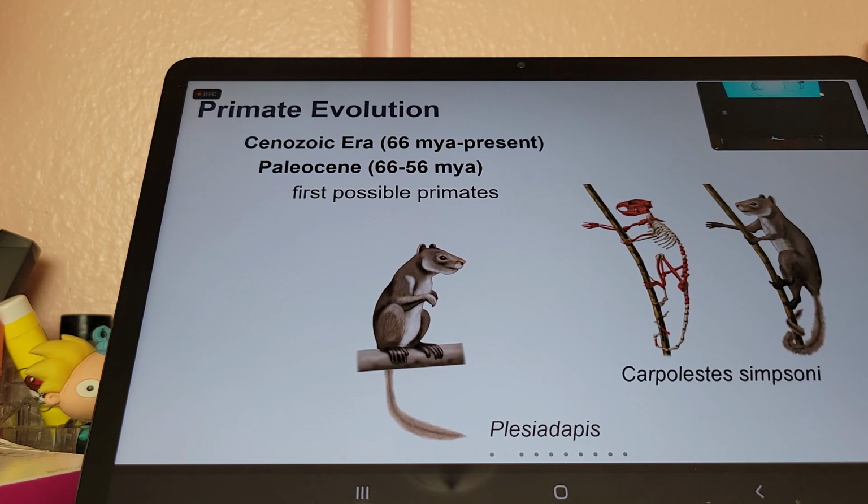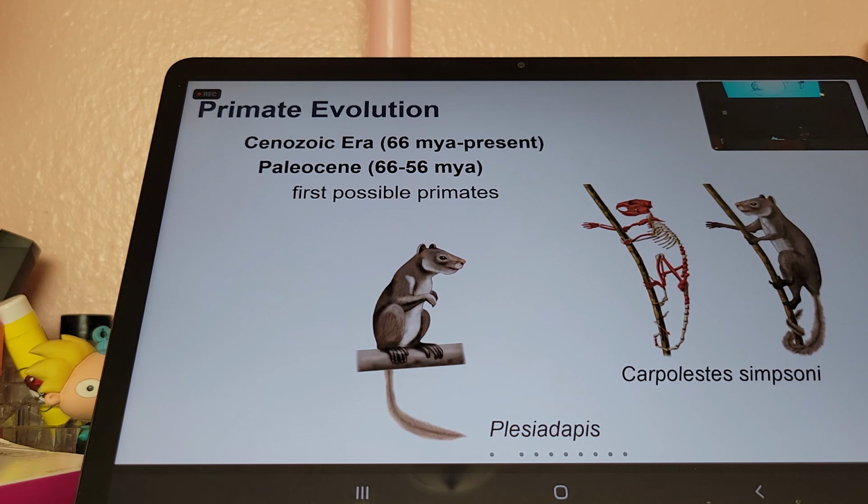We have finds like Carpolestes simpsoni, where it looks like there is a divergent first digit in the hand, and we know that is the grasping hand of a primate. But we don't have postorbital closure like we do in the most primitive primates, and some other attributes are more similar to a last common ancestor mammal.